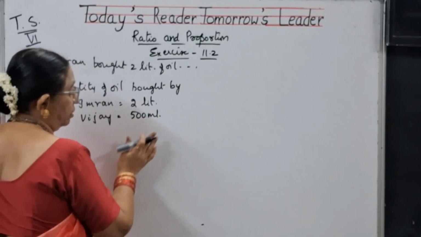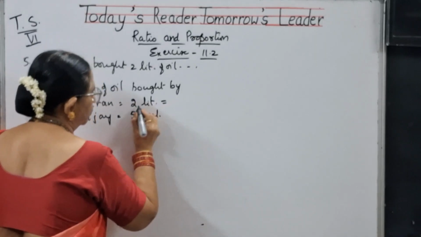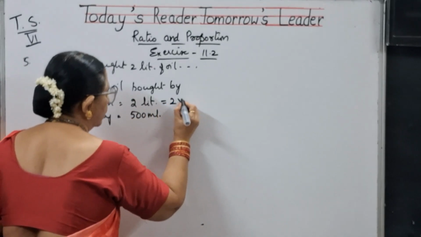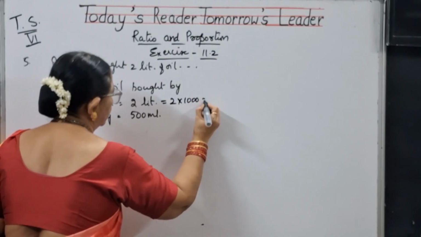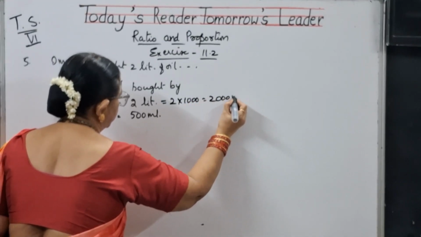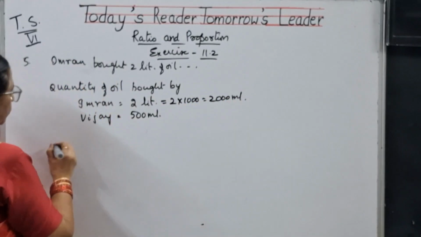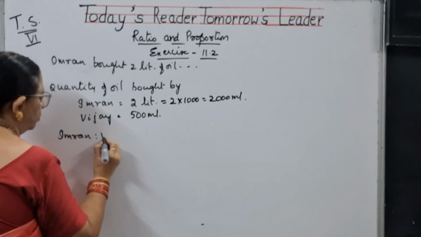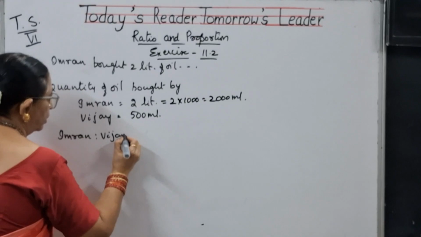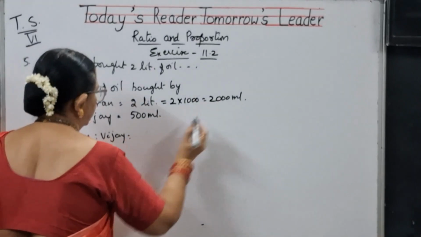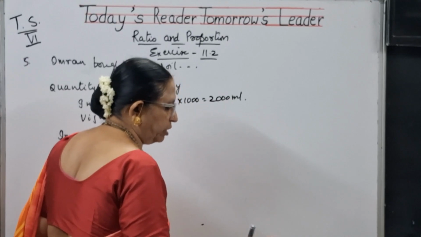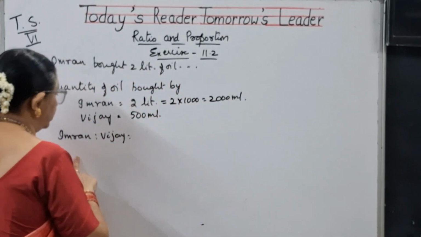See, children, this is in liters, this is in milliliters. So we cannot find a ratio like this. So convert 2 liters into milliliters. So 2 into 1000. That is 2000 milliliters. So we need to go for the ratio Imran is to Vijay. After converting them as same, the question is they are asking to find out quantities of oil bought by Imran to Vijay.